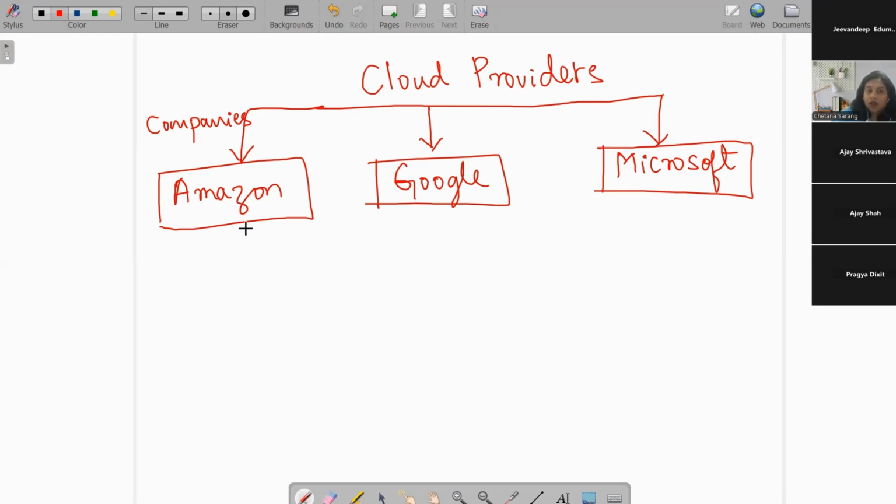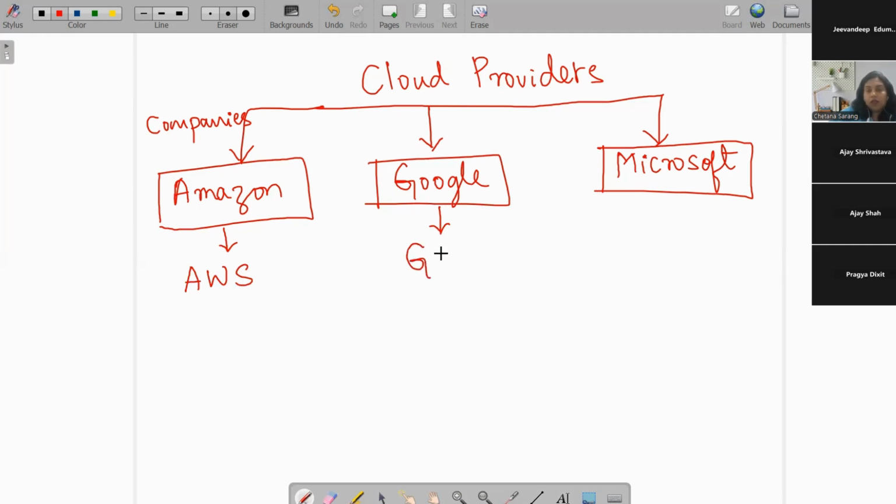Amazon is into retail, e-commerce industry, and many more things, software development, and so many other things, cloud services as well. But each one has a different name for their cloud services. Amazon, it is called AWS, Amazon Web Services.